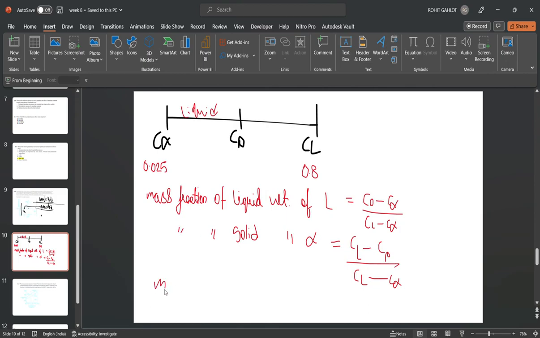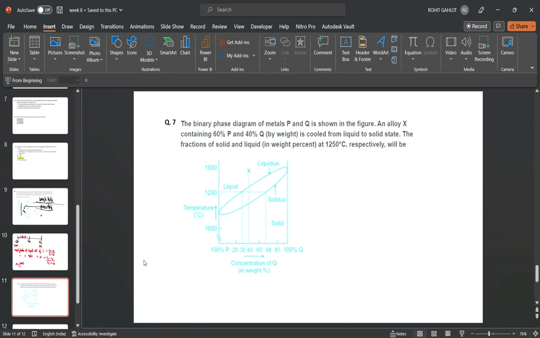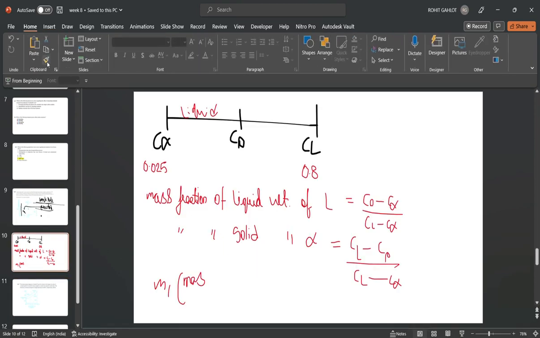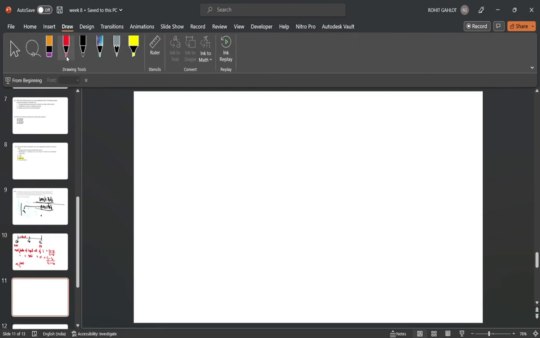Now if you find the mass fraction of the pro-eutectoid cementite, suppose I say it's M1.